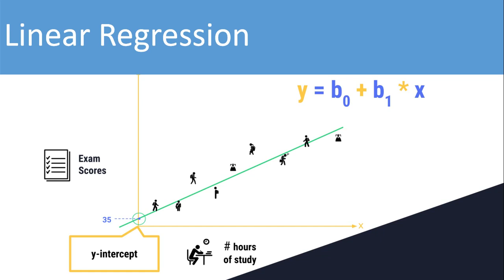The y intercept, for the x axis and y axis, we have 35 marks. There is a student studying, with hours of study over time.